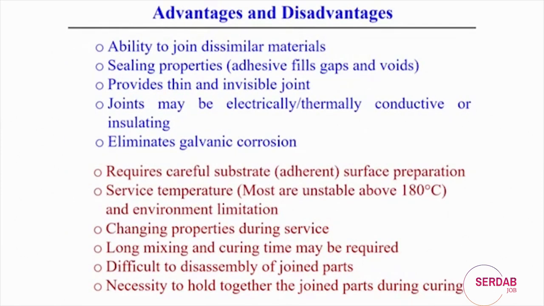These adhesives are used for the joining of components, but in general, if you look at the overall advantages and limitations of the adhesive joint, you can summarize like this: the ability to join dissimilar materials is one advantage of adhesive bonding, similar to other processes like brazing and soldering.